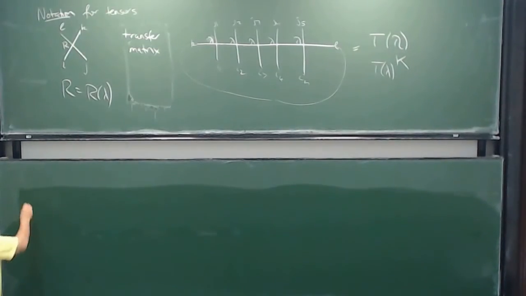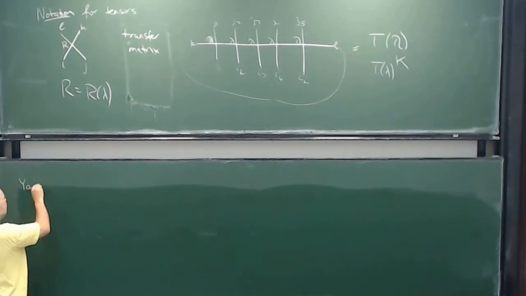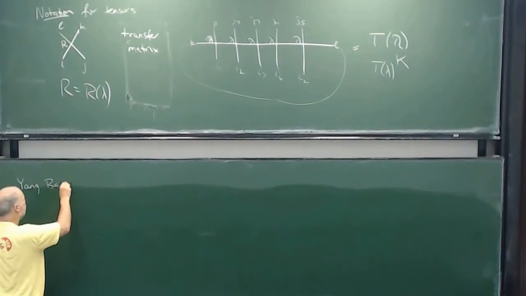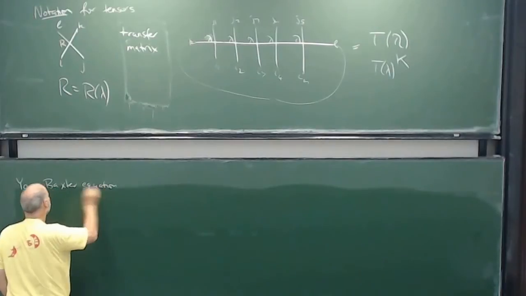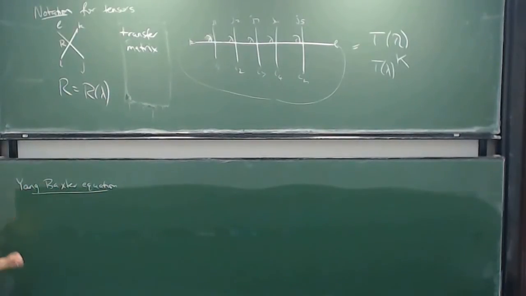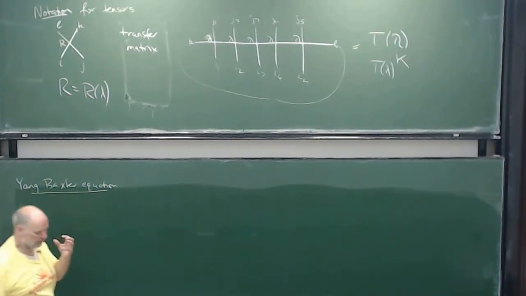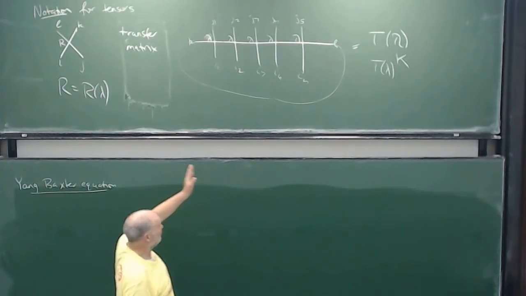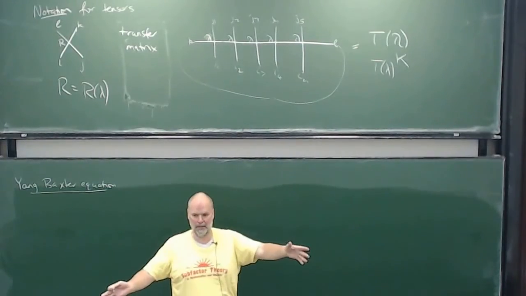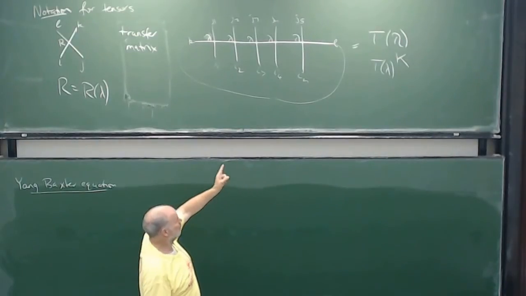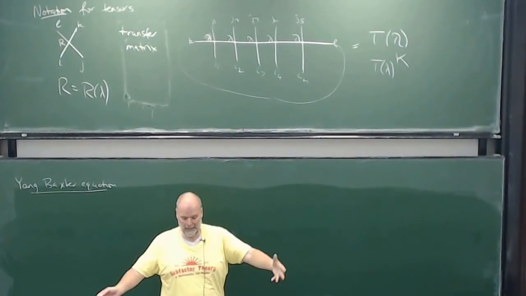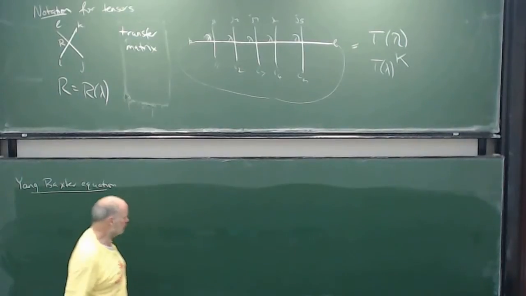All right, so the Yang-Baxter equation. So it's an equation, it's a sort of small equation. So this operator, the transfer matrix, is kind of a big operator, right? So acting on a, if you let the number of indices at the bottom be big, then it's quite a big matrix.